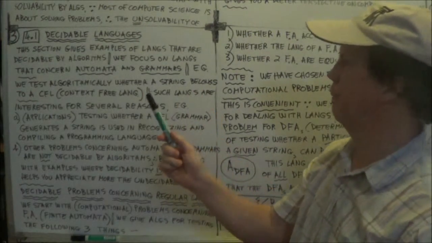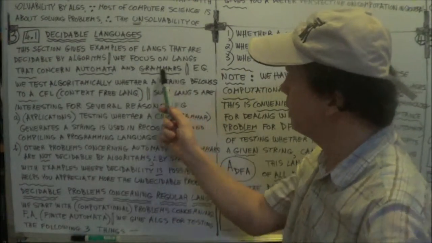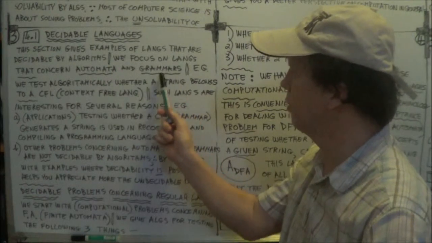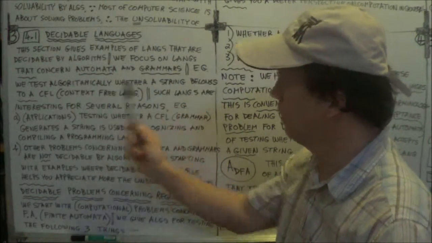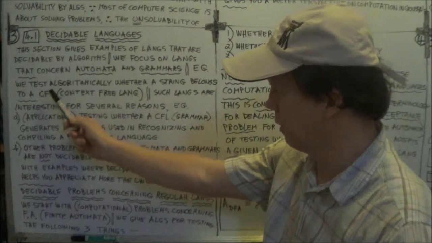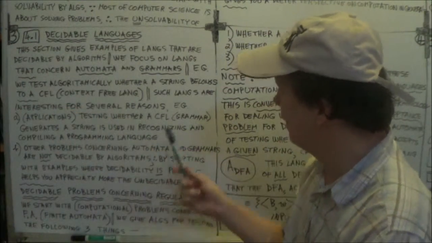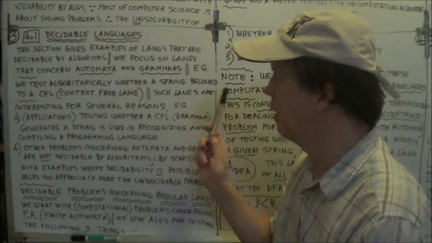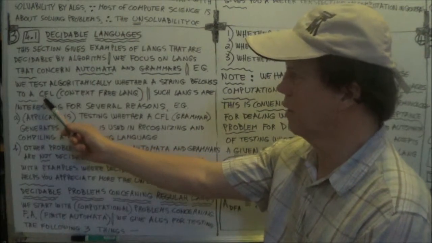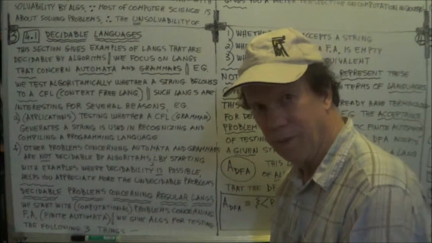For example, here's a problem relating to a grammar. Suppose we use an algorithm to test if a particular string belongs to a context-free language.